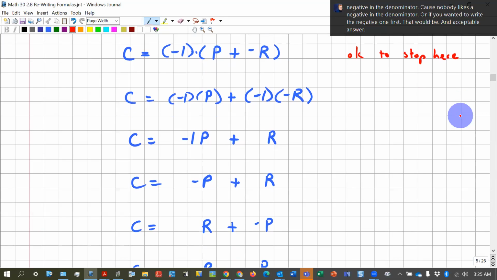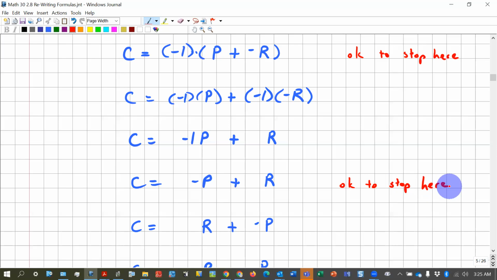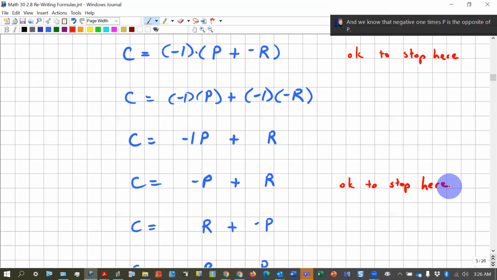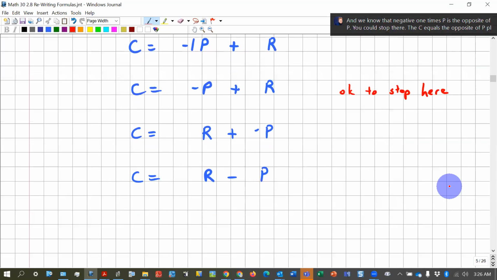Or if you decide to distribute the -1, and we know that -1 times P is the opposite of P, you could stop there. C equals the opposite of P plus R.